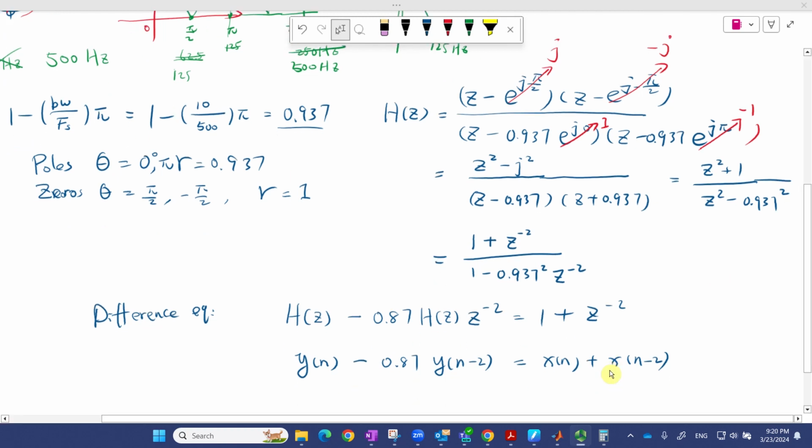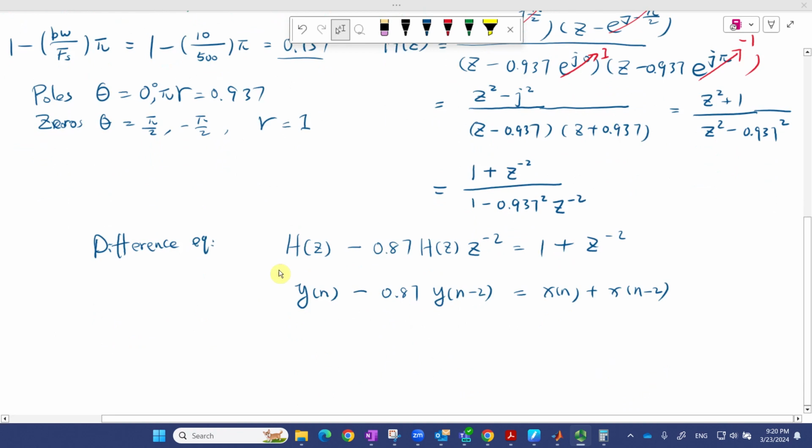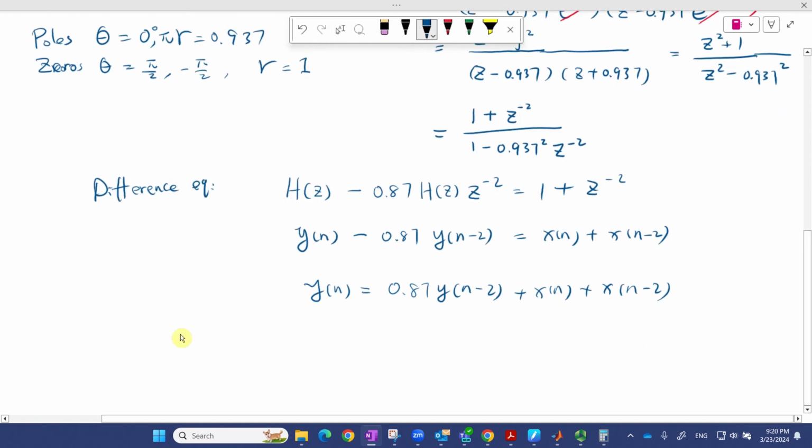So we can keep moving terms. We get y[n] equals positive 0.87 y[n minus 2] plus x[n] plus x[n minus 2].